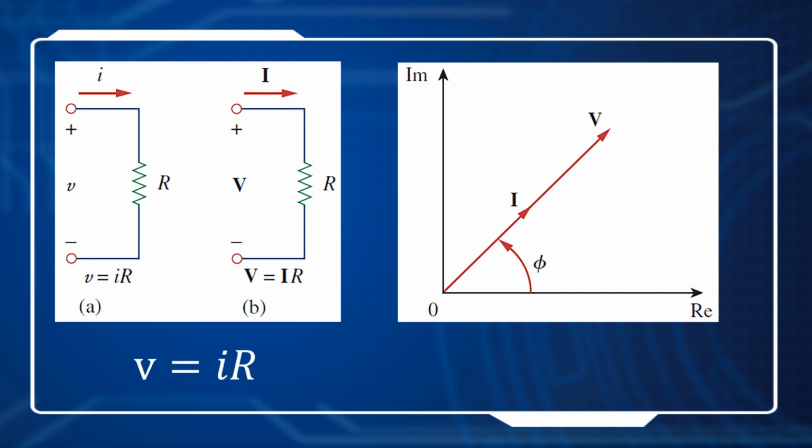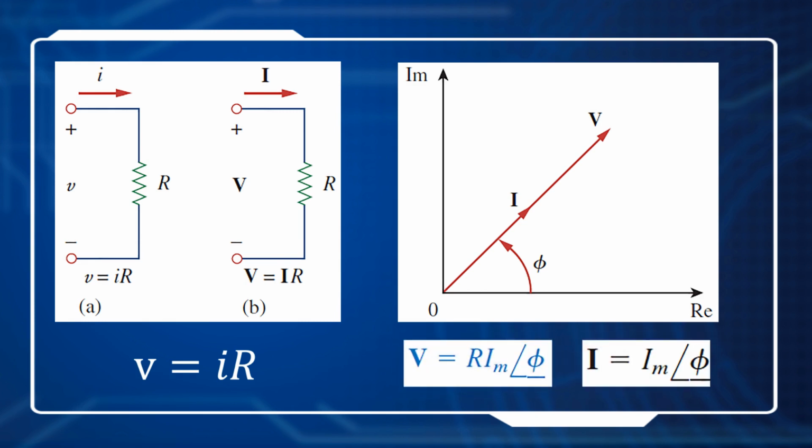Phasor V equals R multiplied by Im angle phi, and phasor I equals Im angle phi. So the phasors also obey Ohm's law, which means phasor V equals R multiplied by I.